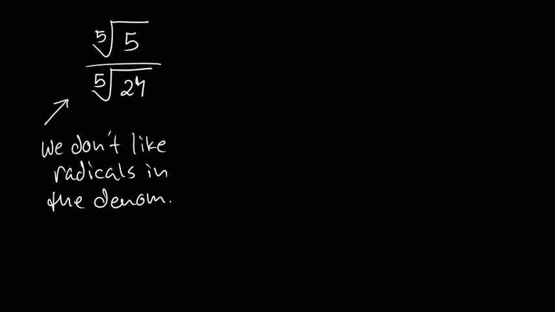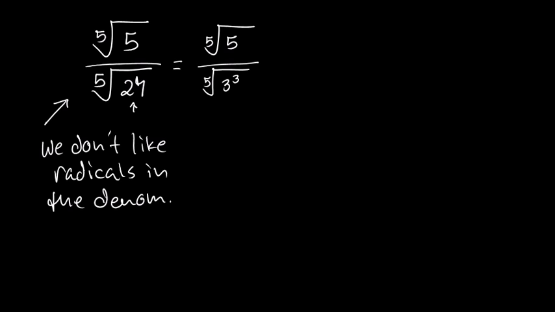So let me go ahead and break down 27 into its factors, just so this might be easier to see. So 5th root of 5 and 5th root of 27, which then gets replaced with 3 cubed.